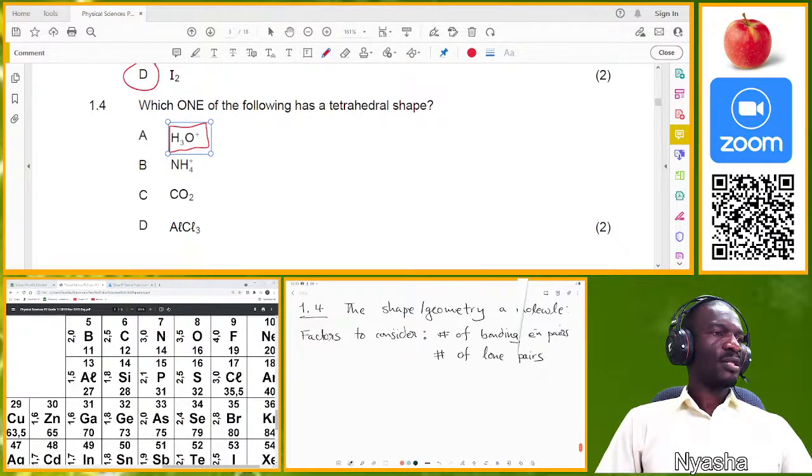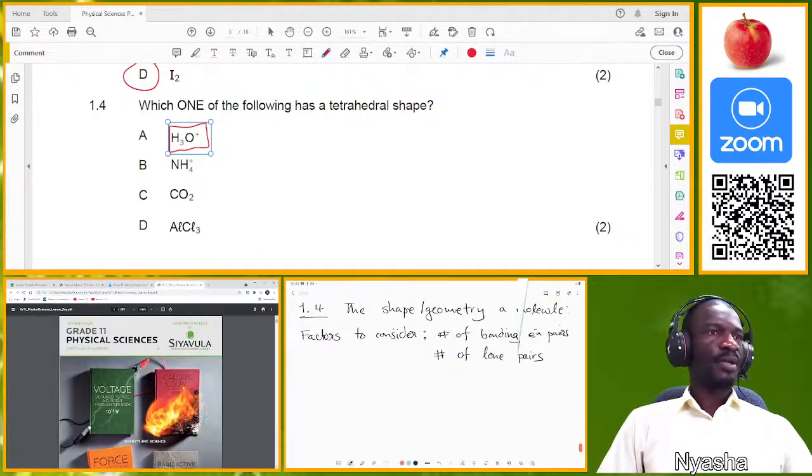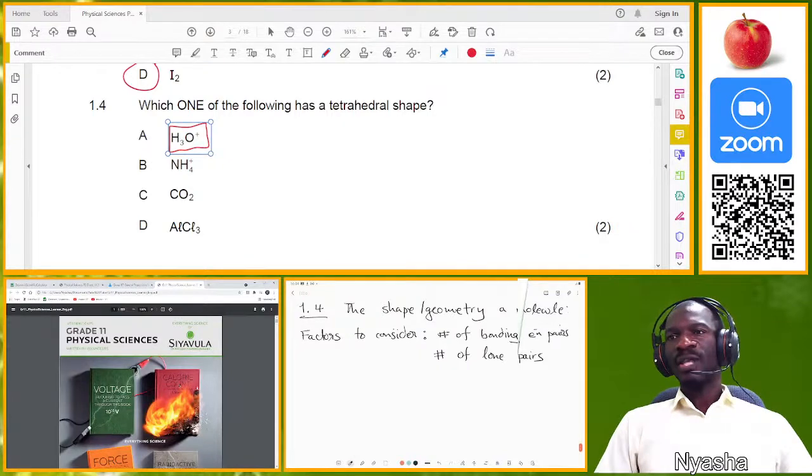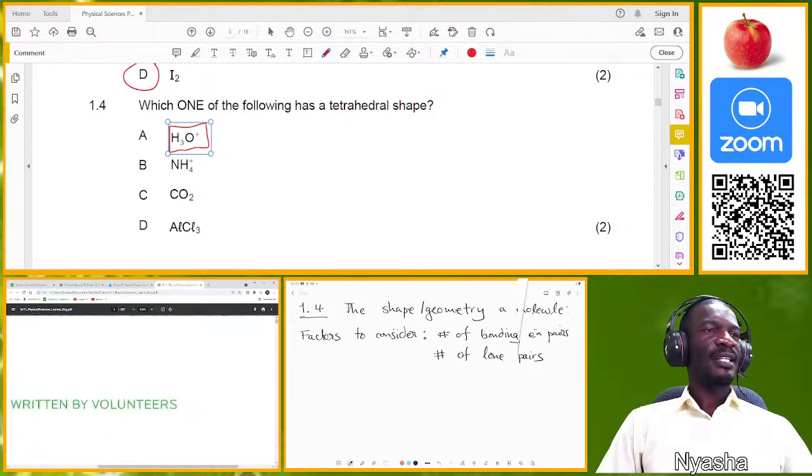You can check on your Siyavula textbooks. I will choose to open this here. Right, there we are. That's our textbook, and all we want to find are the criteria.